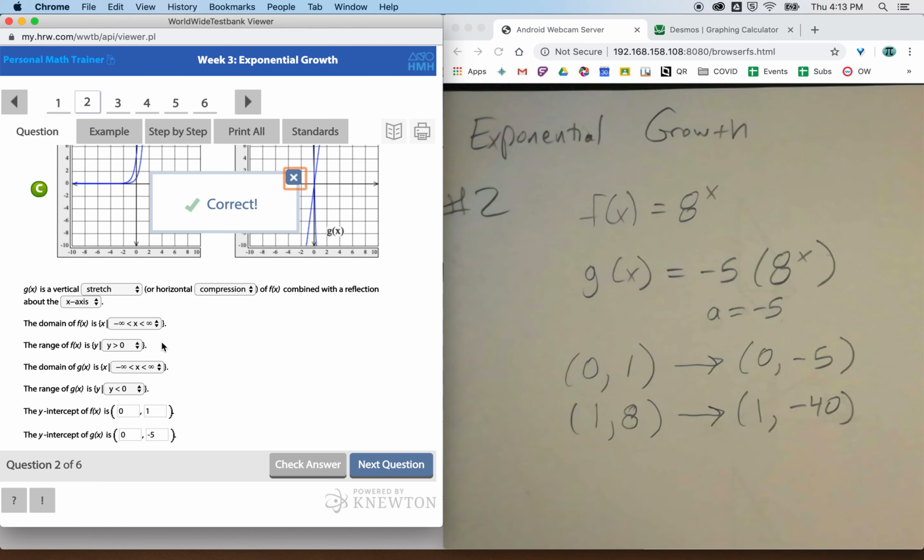I saw one person's answer where they had the range wrong, but it didn't tell them that. It said they had the y-intercepts wrong. So I apologize for the bad advice it's giving you sometimes on that try again. It tries to give you some useful feedback, but sometimes it's not very useful and, in fact, misleading. So just watch out for that.